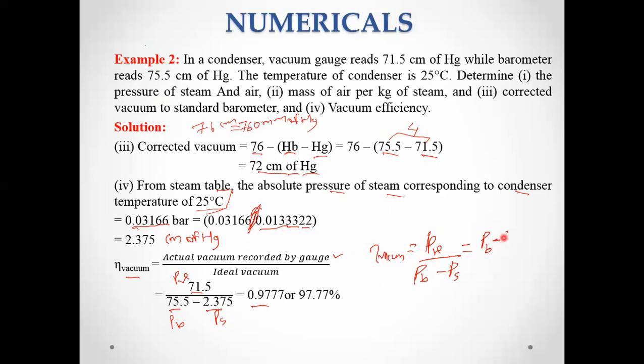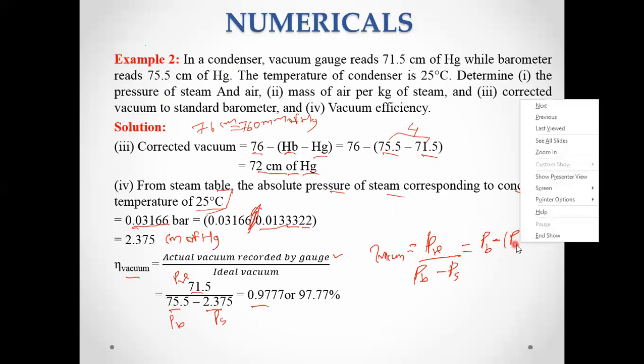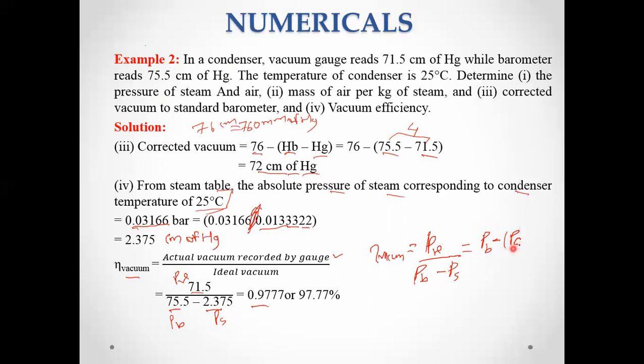This PV we can write as PB minus PS plus PA, divided by PB minus PS. S is for the saturation pressure of steam and A is for the air.